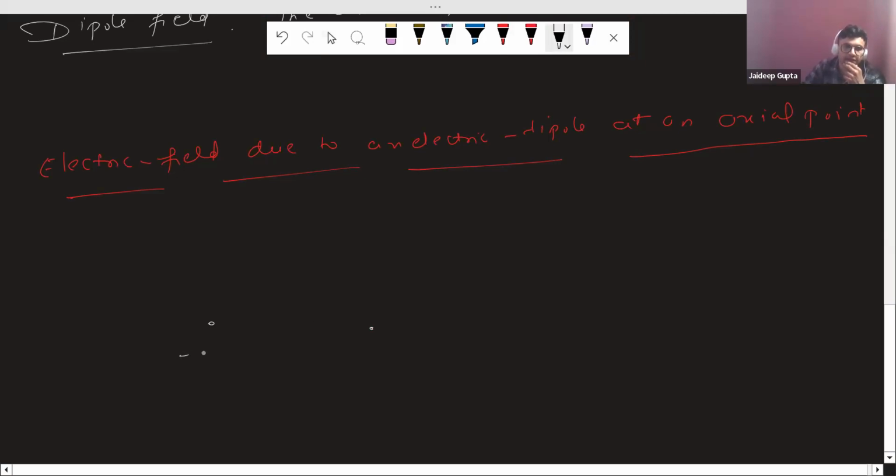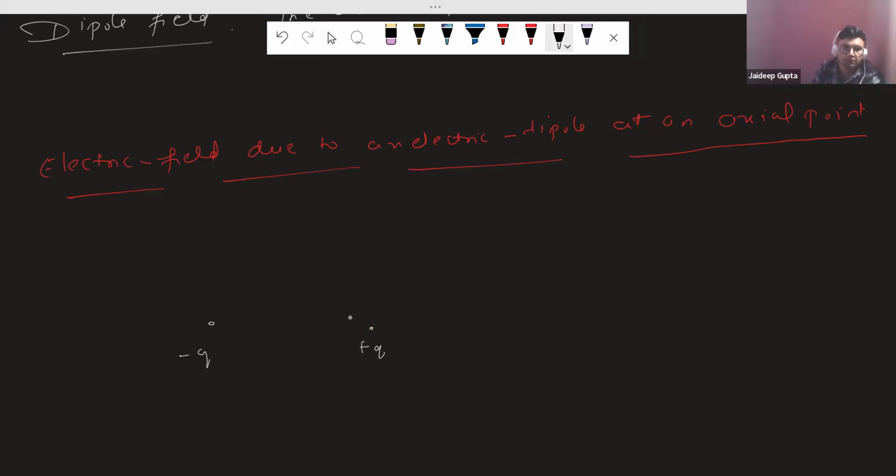Let it be an electric dipole, and the separation between the two charges is 2a.